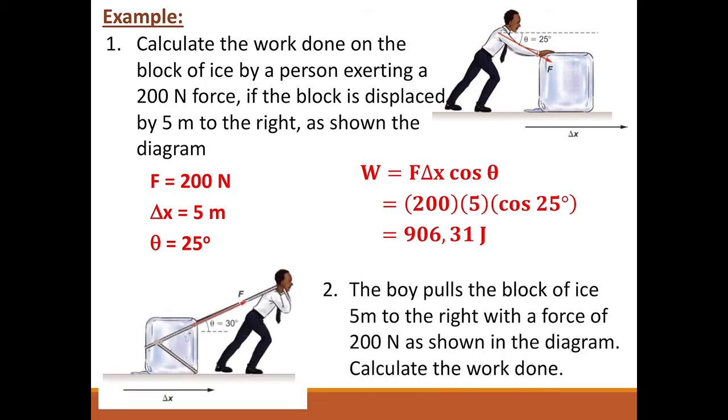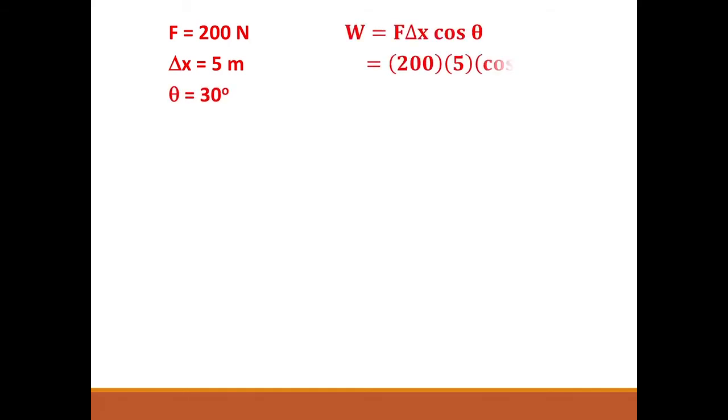If now we change the situation and he now pulls the block of ice, remember again, it doesn't matter whether he's pushing or pulling. What's important is that theta has changed to 30 degrees. That's the important part here. So if F is 200, delta x is still 5, theta is 30, we get a smaller amount of work done.